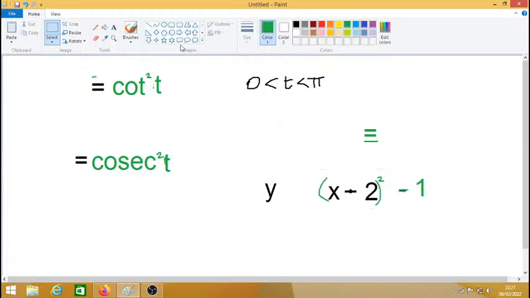And then we'll put an equals in between. And now we've got the final equation, which is just in terms of y and x, and there's nothing with the t or the cot or the cosec. You can expand that out if you want, or you could just leave it in that form, which is fine.